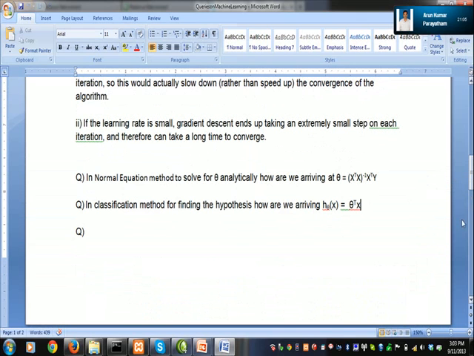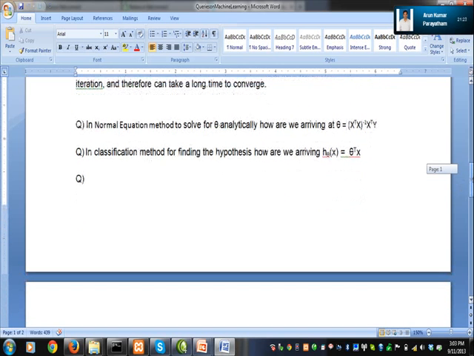So the next is the classification method for finding the hypothesis. How are we arriving at h theta x equal to theta transpose x? I did not understand this problem completely, but what I understood, in classification or in regression also, in classification he converts this function into what?